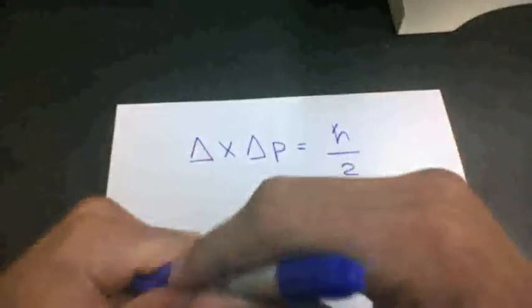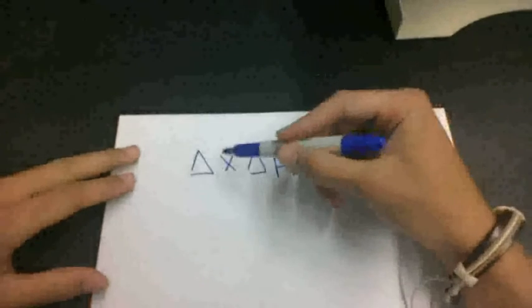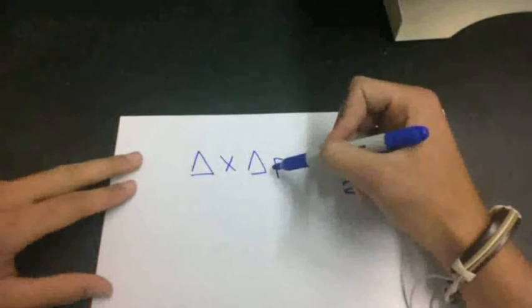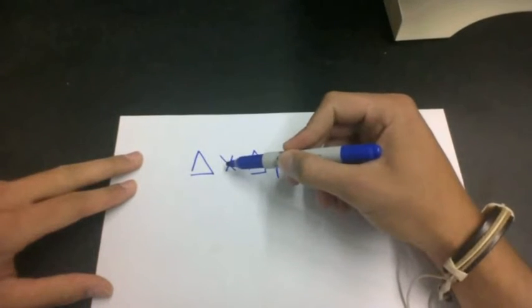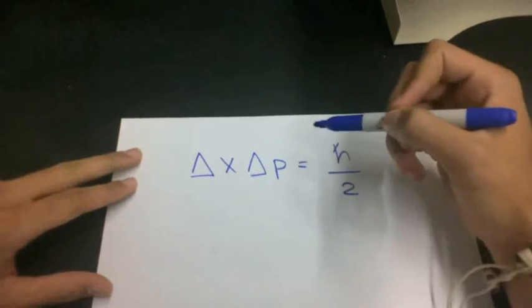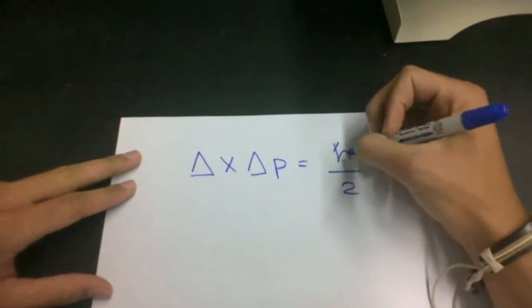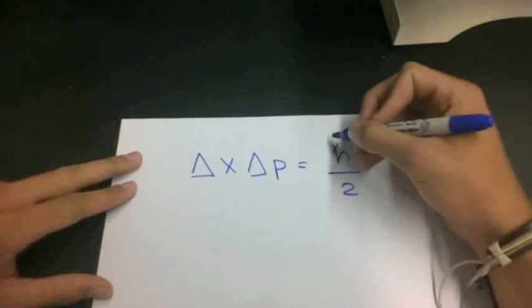Now, you may be familiar with Heisenberg's uncertainty principle, and this states that the momentum and the position of the particle are related to a constant.